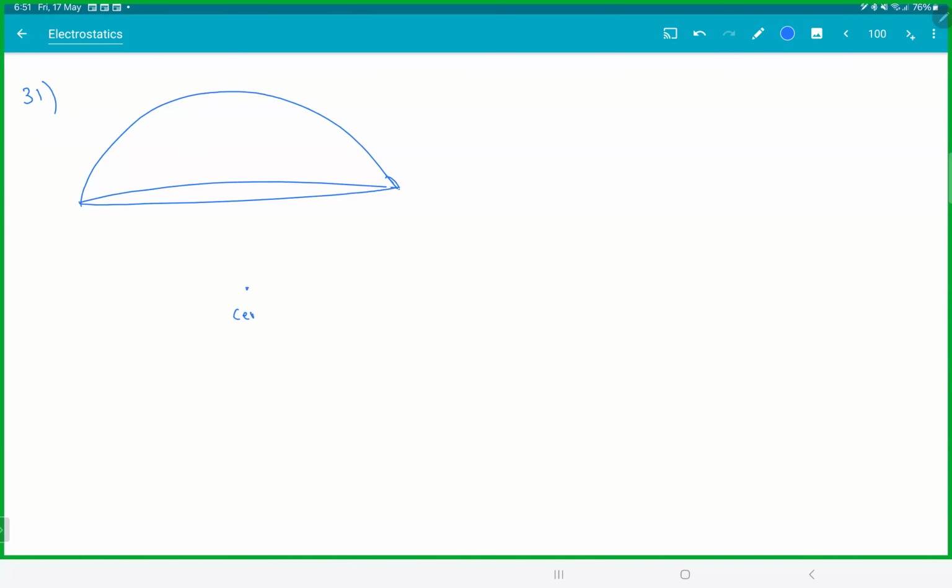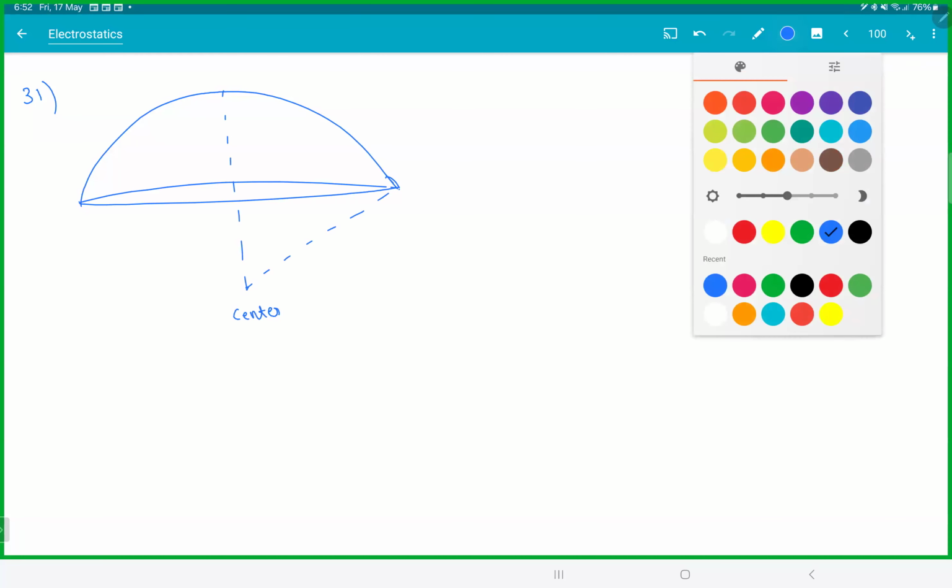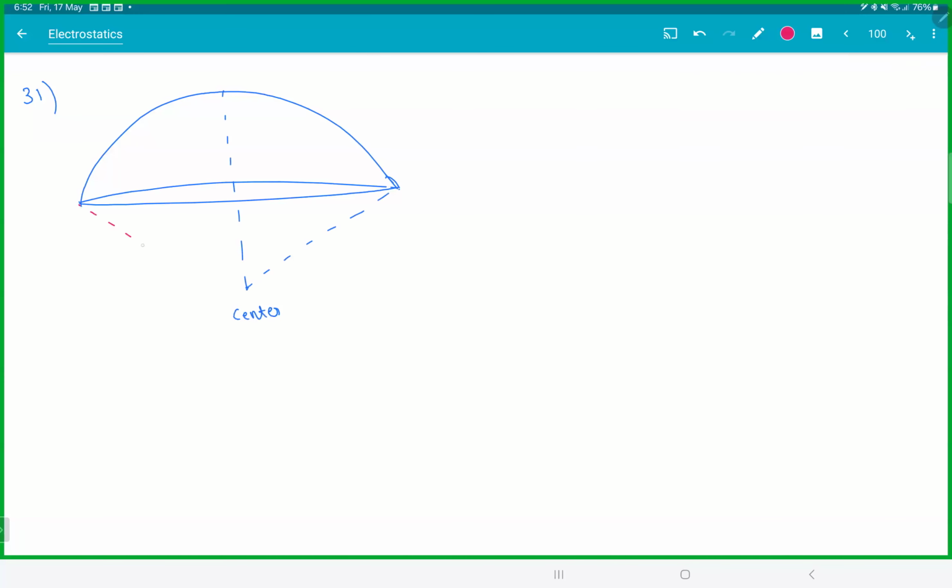This is the center. So this is a part of a sphere. Let's say this angle is theta, half angle. Okay. And this whole thing has a charge sigma.